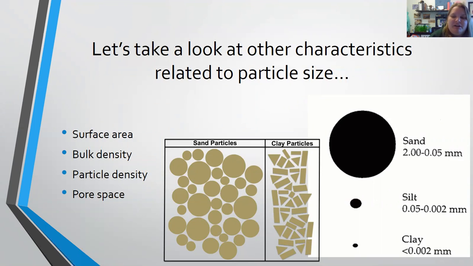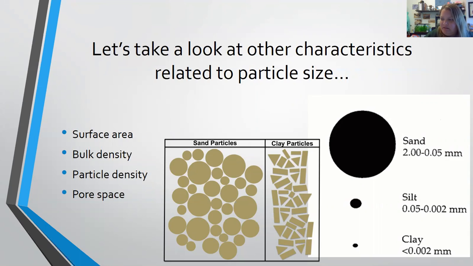It holds water, and it can release plant nutrients by weathering. And then clay is shaped like tiny flakes or flat platelets, has a very large specific surface area, has a tremendous capacity to hold water and nutrients, and when it's wet, clay is sticky and can be easily molded, and it gives some of the characteristics of soils with high clay contents, like shrink-swell, so that's important too. But we're going to talk about surface area first.